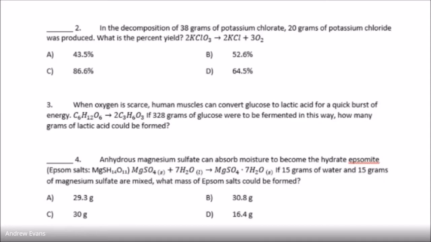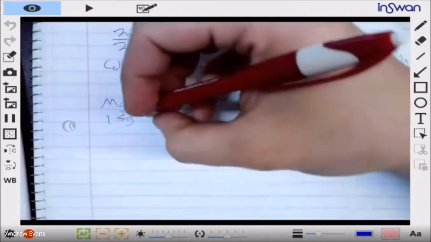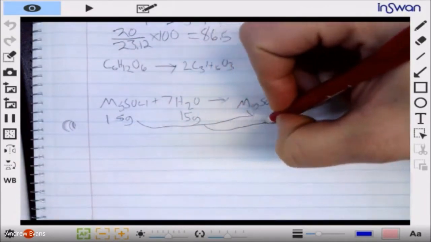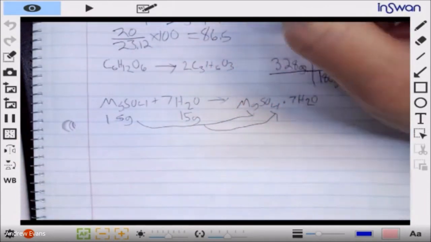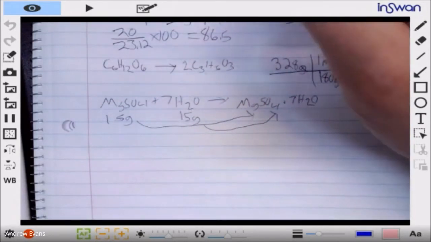This is a limiting reagent problem. The easiest way to do this is to go grams to grams one time and then go grams to grams a second time. The important thing is to choose the smaller number.